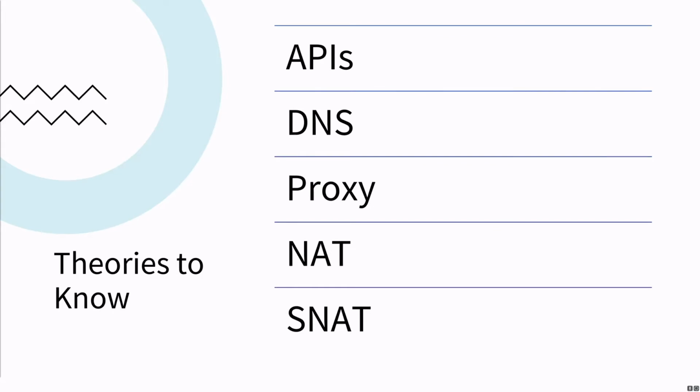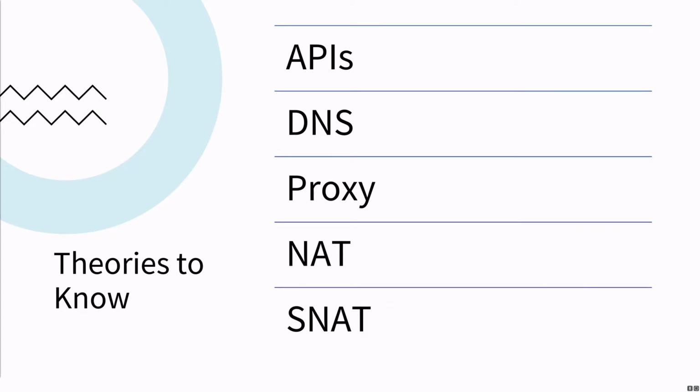A couple important theories for us to know are APIs. APIs are used very heavily in Kubernetes to communicate with things such as the nodes, the kubelet program running on the nodes, the proxy server, and then all the various managers that take place within Kubernetes.